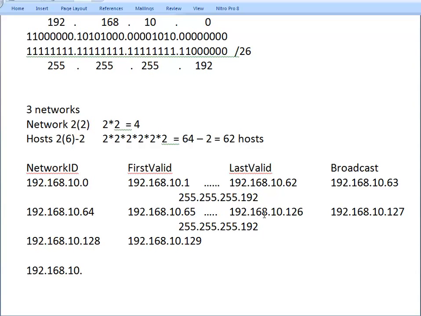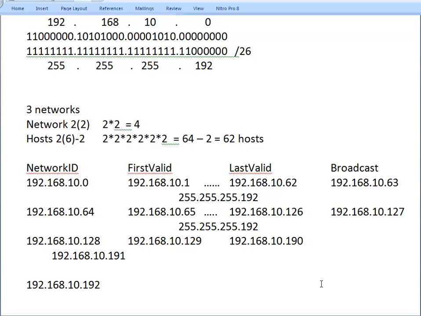The only thing we can change is the fourth octet. Separation between ones and zeros is happening here, and this bit again is representing 64. So we have to add 64 to the last octet. The broadcast is the next network ID minus 1, so 192.168.10.191. And the last valid address is the broadcast minus 1, 192.168.10.190.